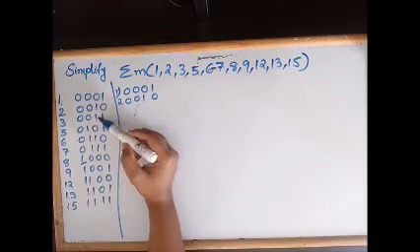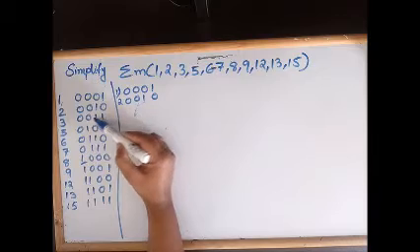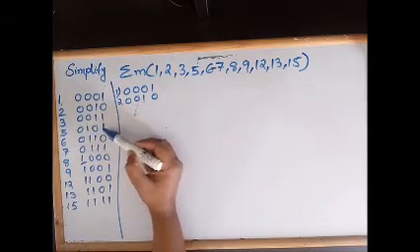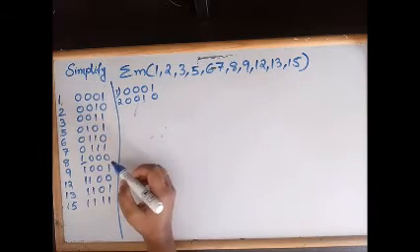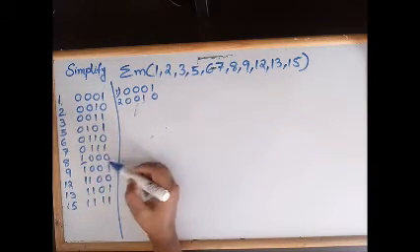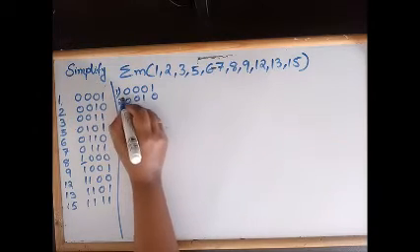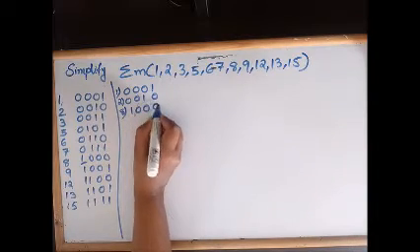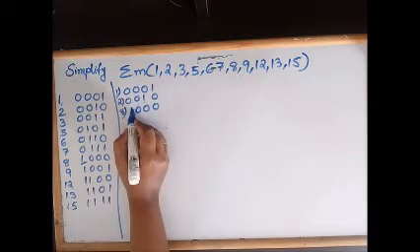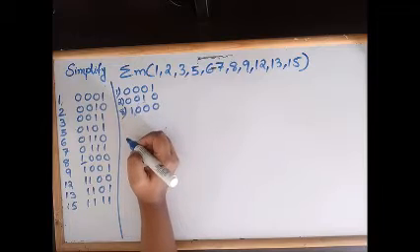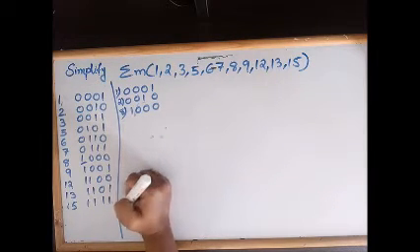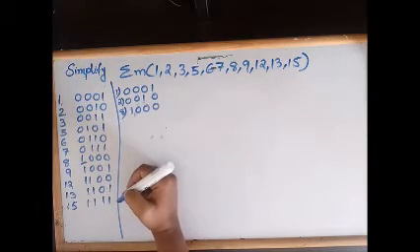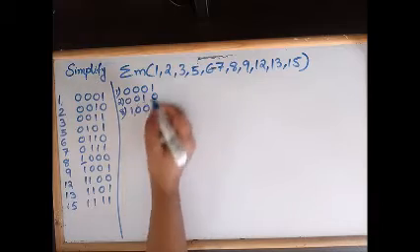When you consider 0, 0, 1, 1, 2 ones are there, so we cannot include it. Then 0 1 0 1, again 2 ones are there, so we cannot include it. And the next one will be 1 0 0 0, that is min term 8, whose binary representation has only a single 1. Any other term? No. All other terms contain more than one 1. So this will be the first group.